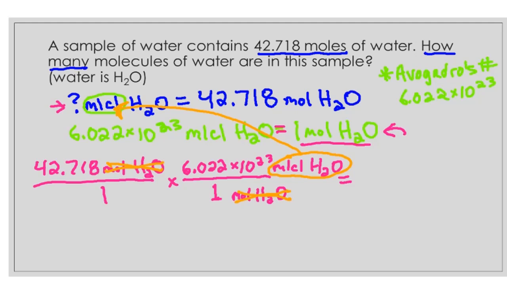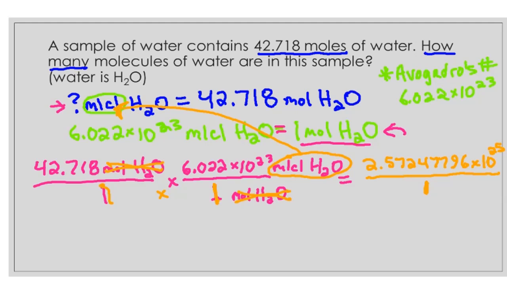So now we just need to multiply across. 42.718 times 6.022 E23, that's the E button on your calculator, and that's going to equal 2.572477796 times 10 to the 25th. And then on the bottom of the fraction, that's just 1 times 1, so that's just going to be 1.